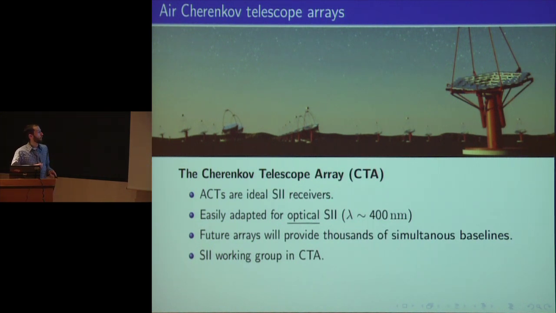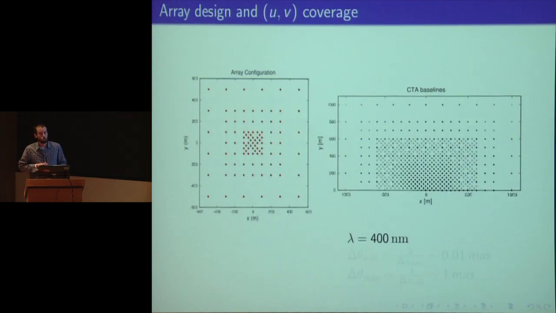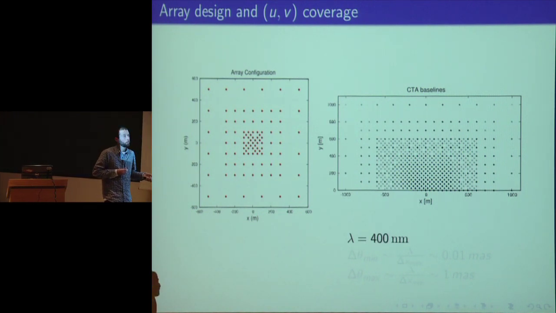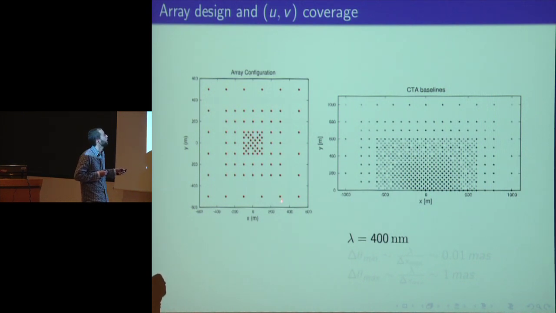These future arrays will provide thousands of simultaneous baselines. There's currently a stellar intensity interferometry working group within the CTA collaboration. What I did was I took a preliminary design of the CTA array, and you can see the telescope locations here.